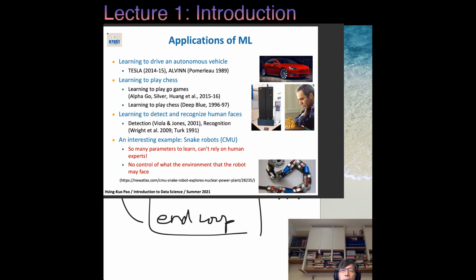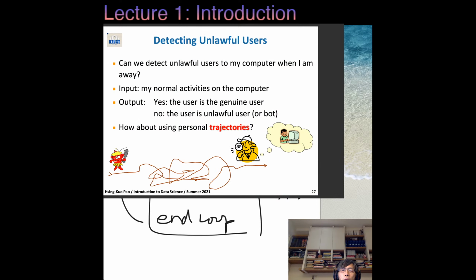Also, for me, we have done something that belongs to data science. We collected a lot of data from humans playing online games. They generate different trajectories, going through different playgrounds, locations, and areas in the online game, like a map.